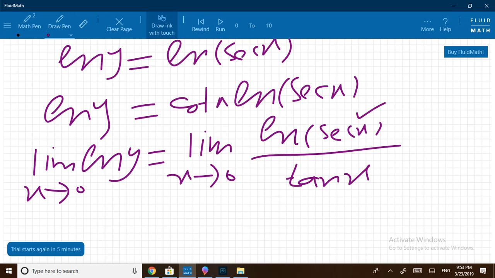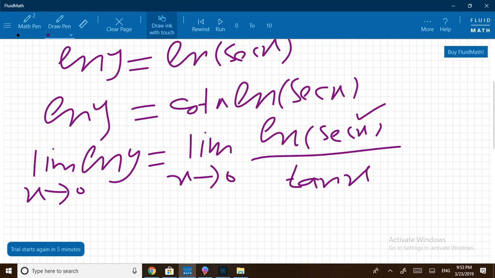No, the limit in our question is pi by 2. The limit is pi by 2.